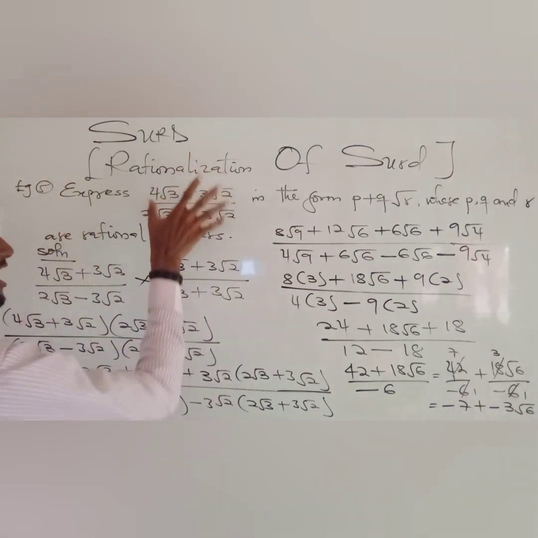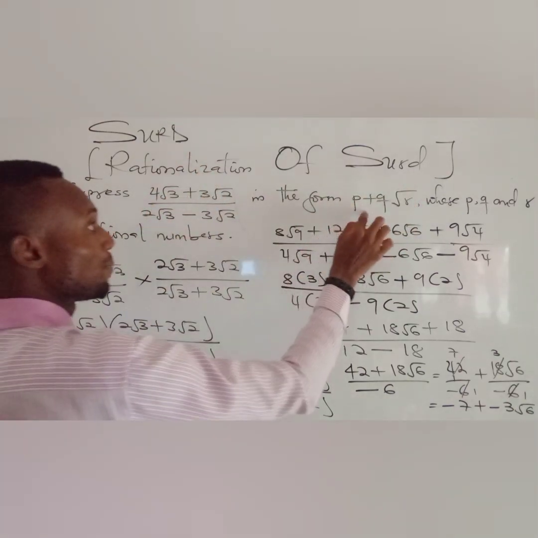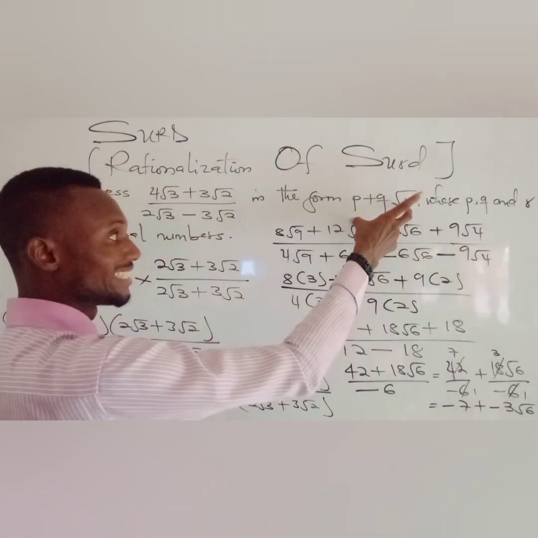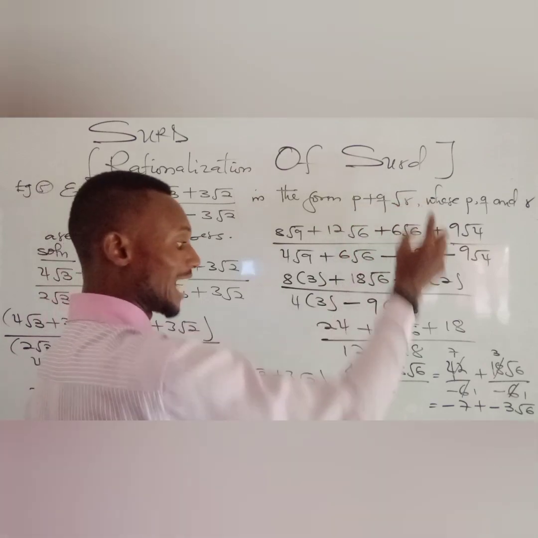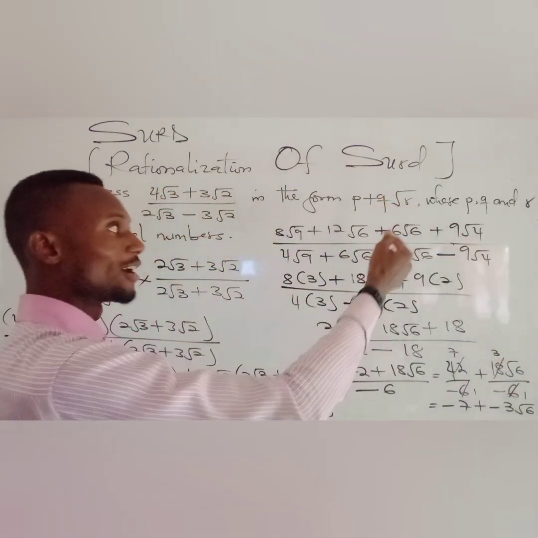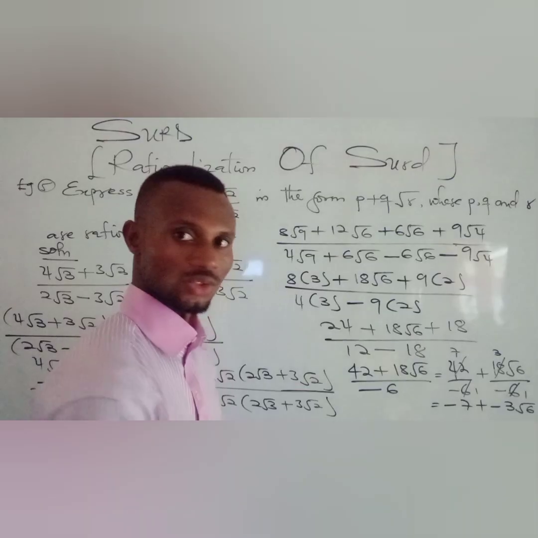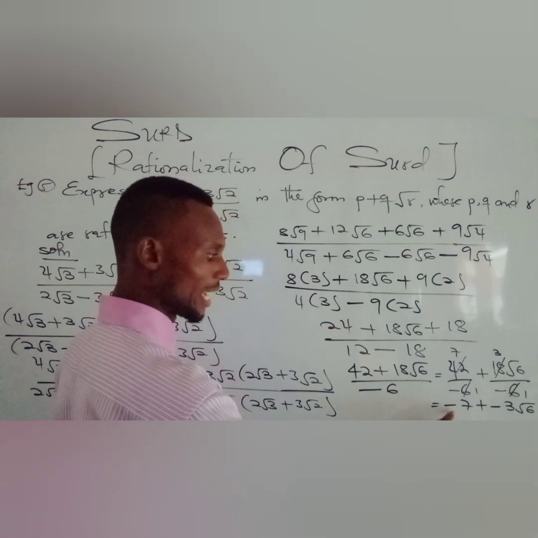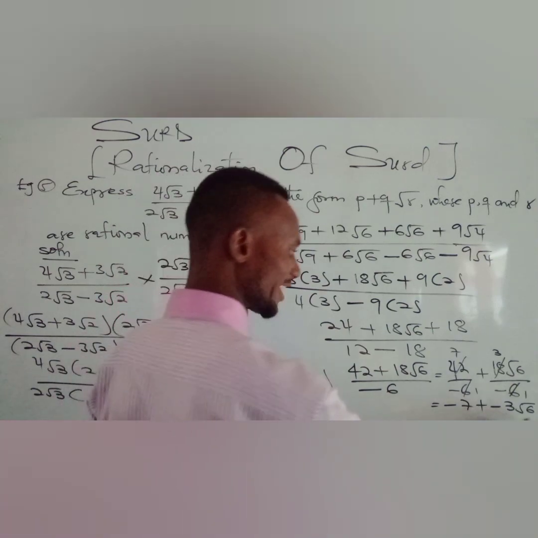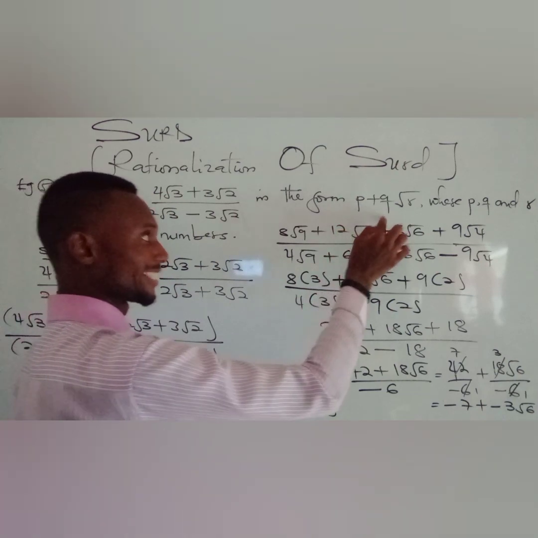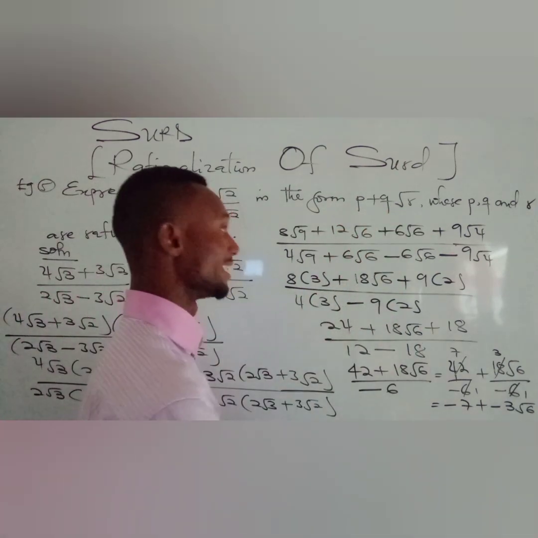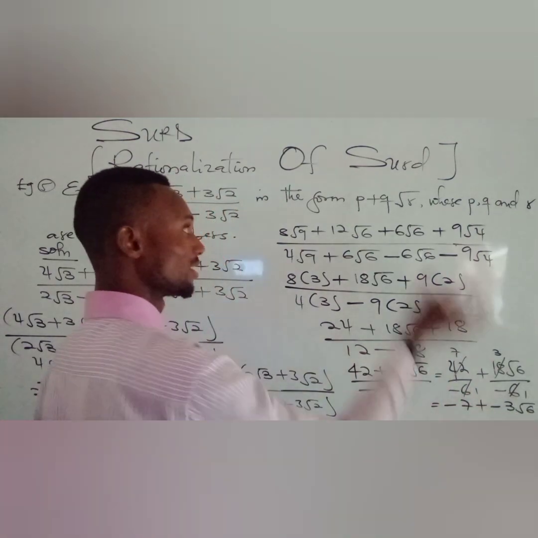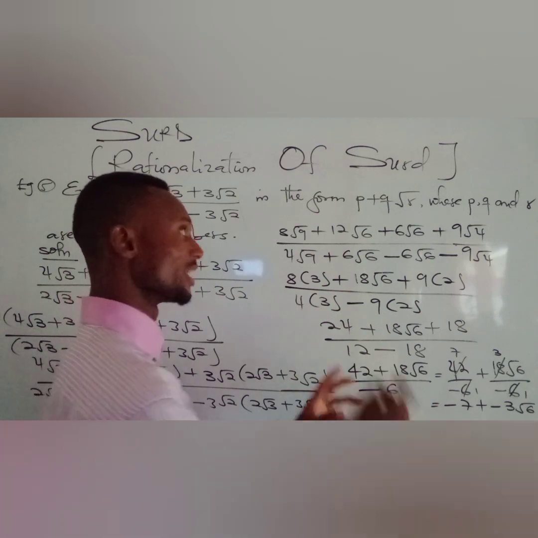So we should express this in this form, which is P plus Q root R. We are getting an answer which is of this nature, P plus Q root R. So from here we are going to compare our final answer, which is minus 7 plus minus 3 root 6, with P plus Q root R, so that we get the values for P, Q, and R.